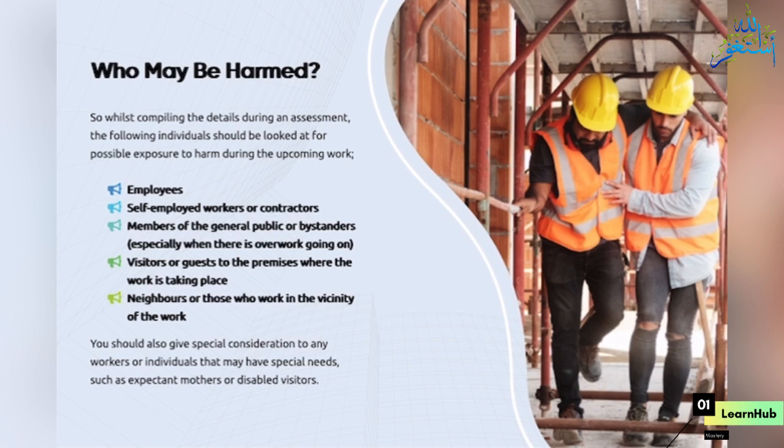Visitors or guests to the premises where the work is taking place. Neighbours or those who work in the vicinity of the work. You should also give special consideration to any workers or individuals that may have special needs, such as expectant mothers or disabled visitors.